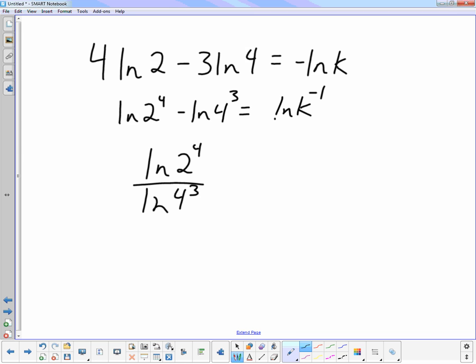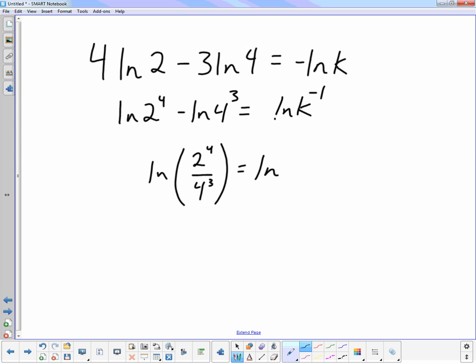No. Instead, what this really is this. Okay? That's really what's happening. So please don't make the mistake of saying natural log divided by natural log equals natural log minus natural log. That's not true. Okay?